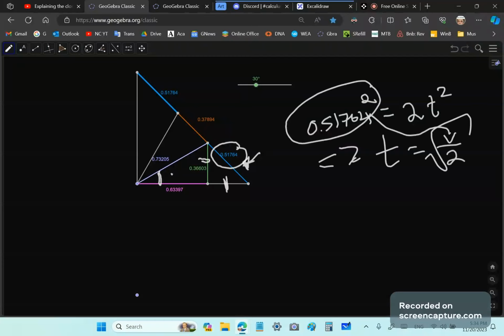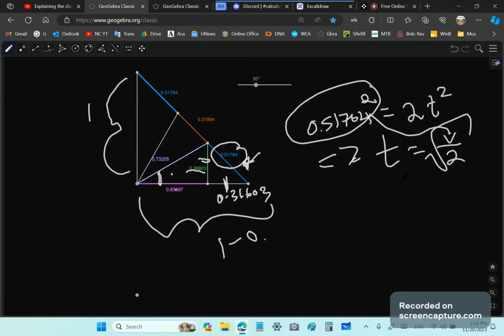And it turns out to be 0.36603. Because this is that value, so will this be 0.36603. And of course, since this is a distance of 1, that is also a distance of 1, this value here is simply 1 minus 0.36603. And so the green part is the hypotenuse.